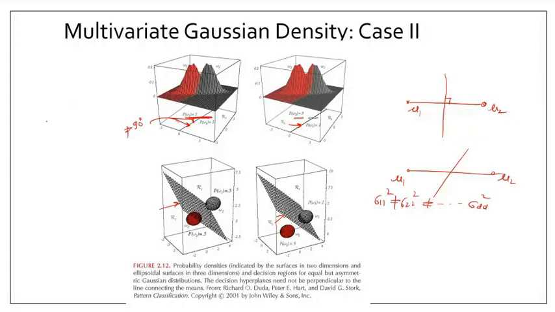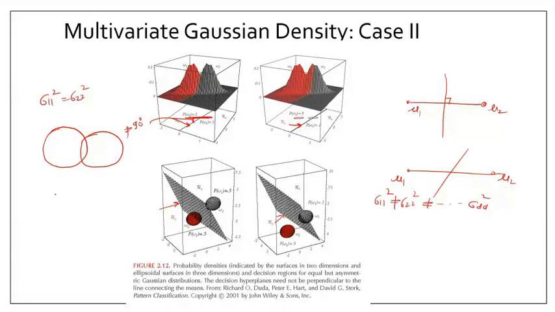If sigma 1 square is equal to sigma 2 square and you take a 2D case, then you have a normal distribution with this kind of intersection. They are like circles.